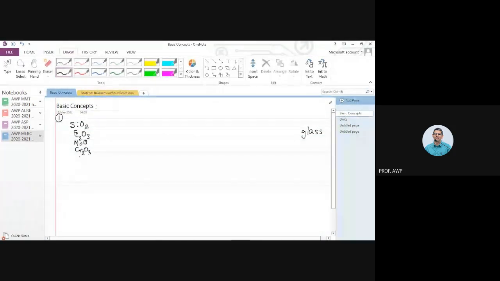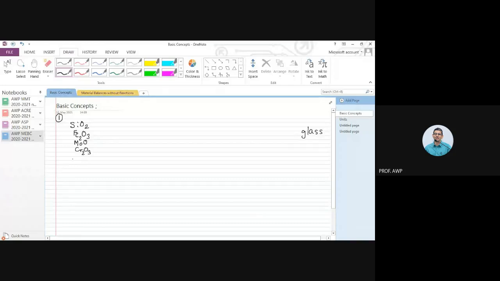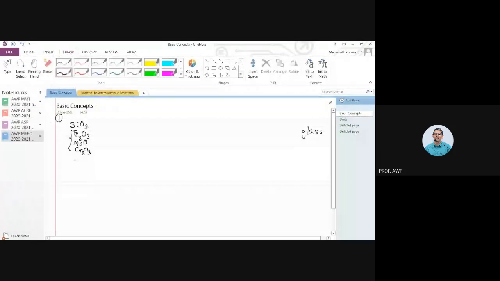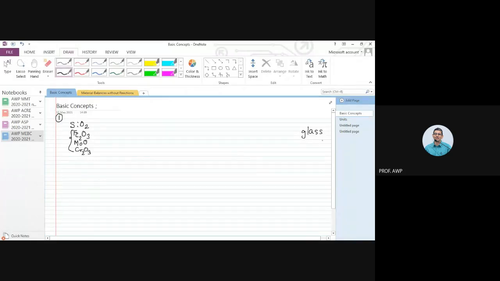You're forgetting one of the basic ingredients. These are all there to put colors. Glass is what? Silicon dioxide. Al2O3, I think? Not aluminum silicate.